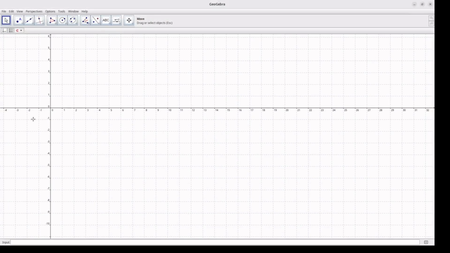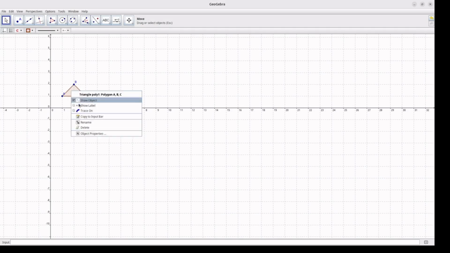Now on GeoGebra, we are just going to draw the triangle with vertices (1, 1), (2, 2), and (3, 1). Just like that, we have a triangle.